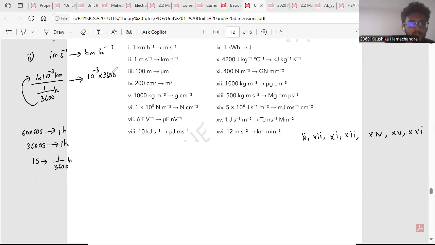So 10 to the power minus 3 and 3600 is 3.6 kilometers traveled in 1 hour when your speed is 1 meter per second. Here the conversion is not just about the tens and 10 to the powers; there are some numbers involved as well.